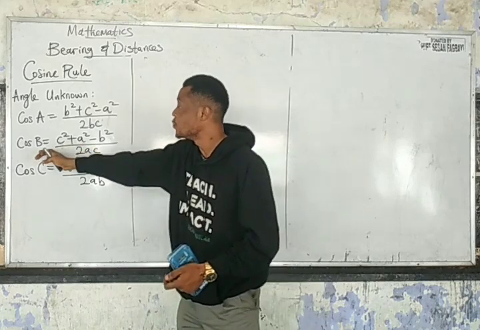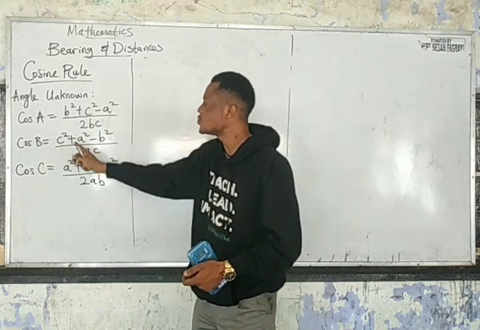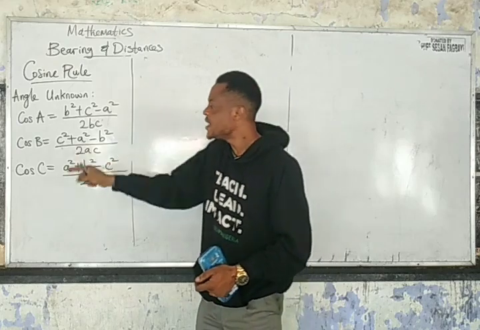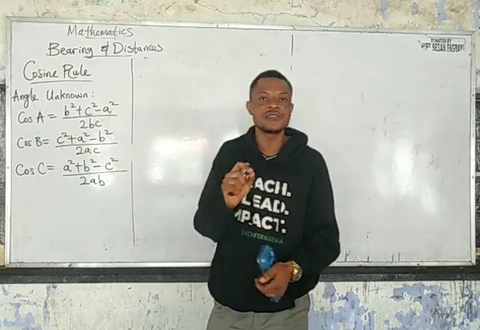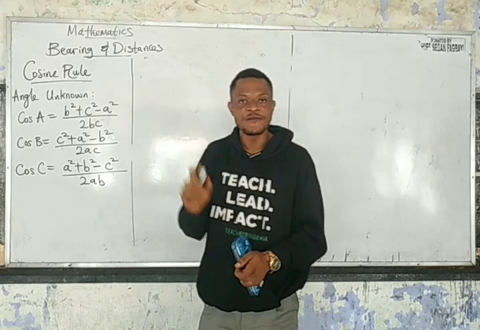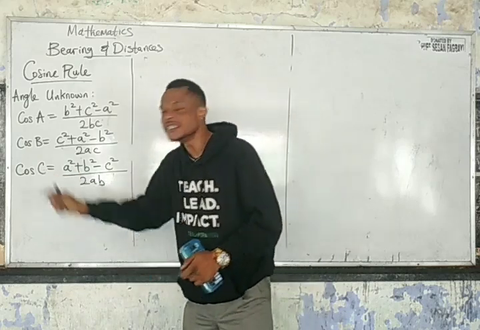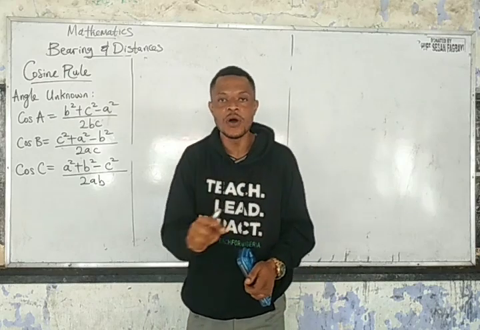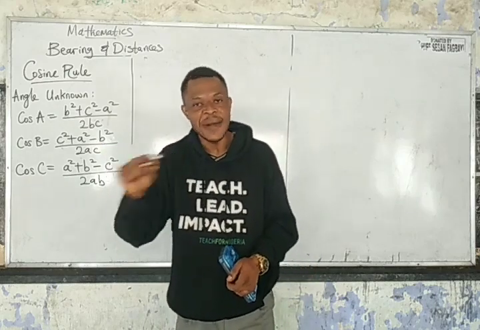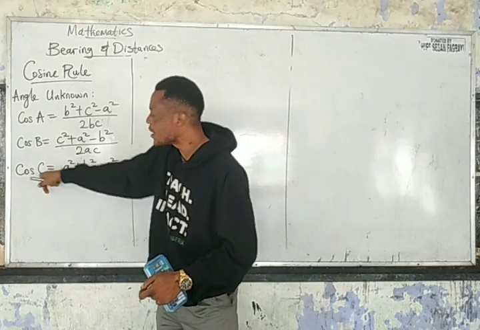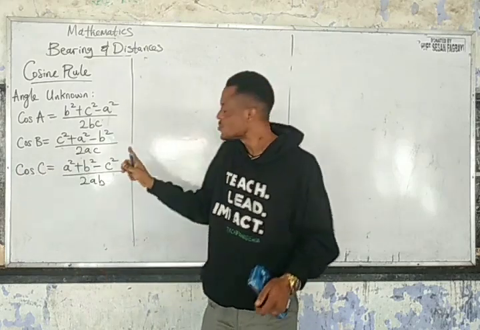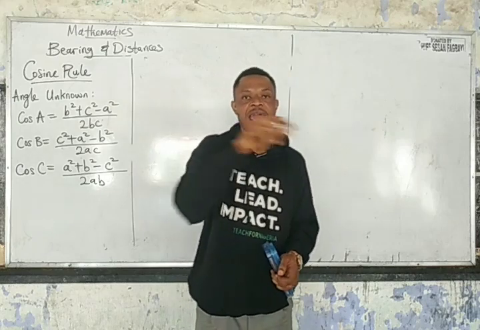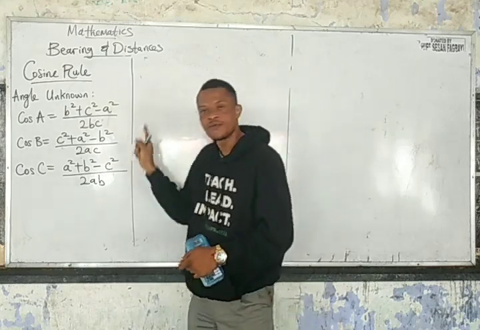We have for angle B, cos B equals c squared plus a squared minus b squared, everything all over 2ac. And finally for the C, cos C equals a squared plus b squared, then minus the angle itself, which is c squared, everything divided by 2 times the two sides a and b, as we have the formula here.